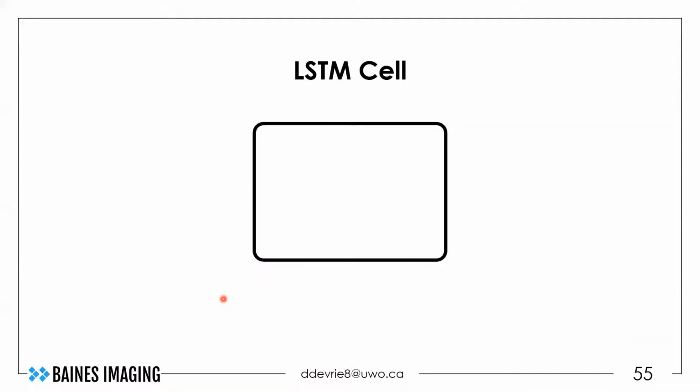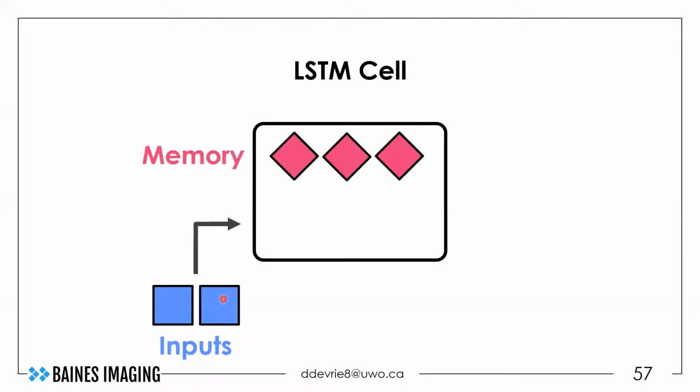So at a very high conceptual level, we can imagine our LSTM cell as a sort of box, or some kind of computer that's going to do some kind of calculation. And what it's going to do is it's going to take some inputs, and that's going to be fed into it. And within the cell is going to be some kind of memory blocks.